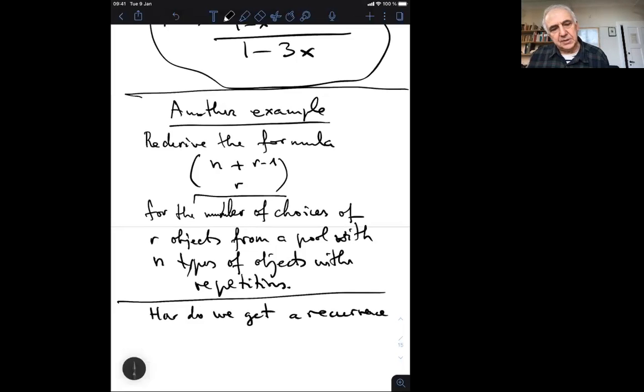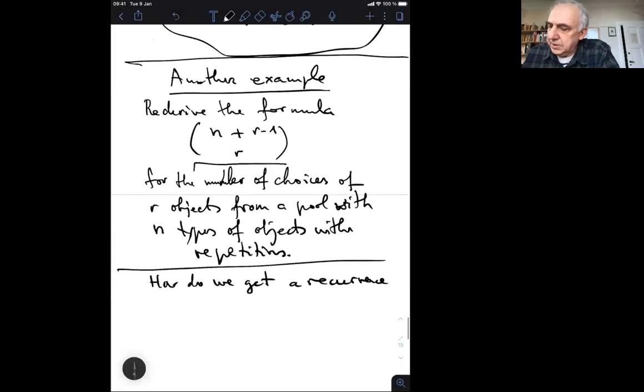So the recurrence would be as follows, and so let me write it, and then we will look at it and realize that this is true.